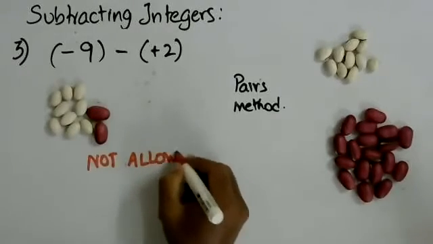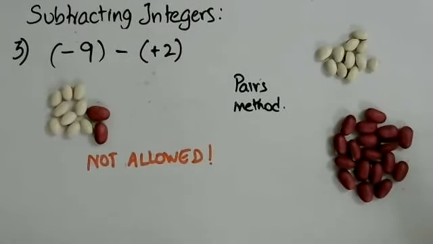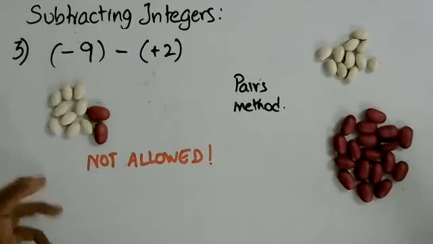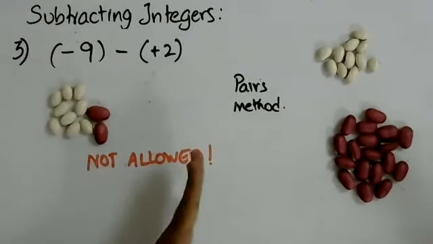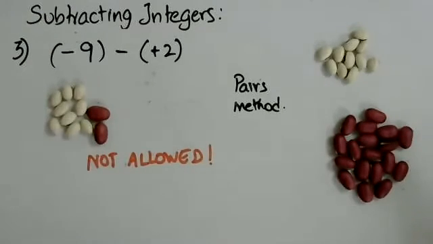Why? Because every number has its own identity. -9 is something, right? It's on the number line. It is 9 divisions from 0. So it has its own identity. It is neither -8, nor -7, nor +2. It's nothing but itself.